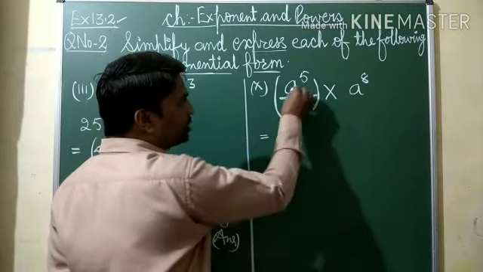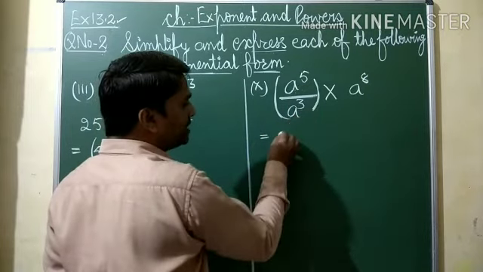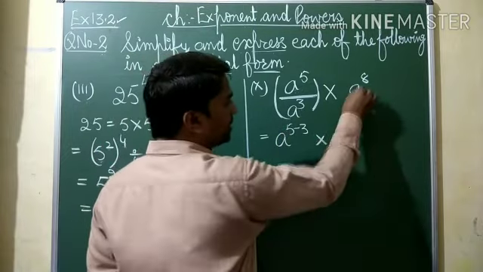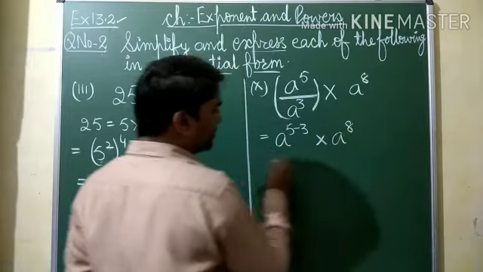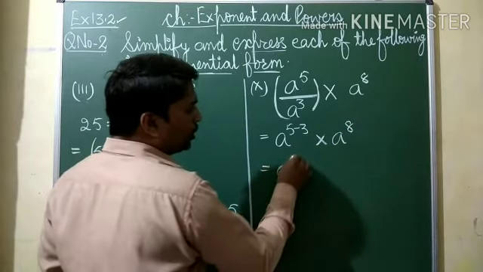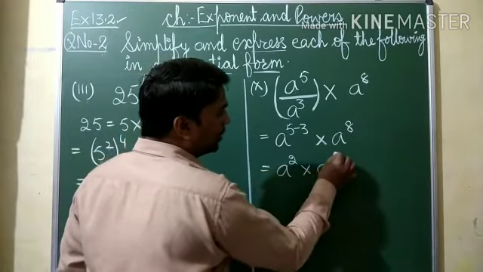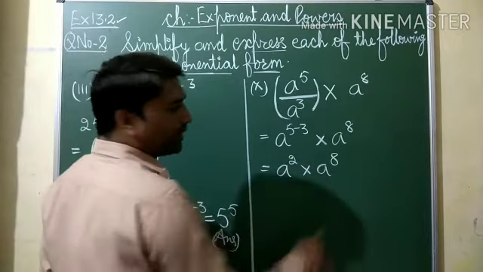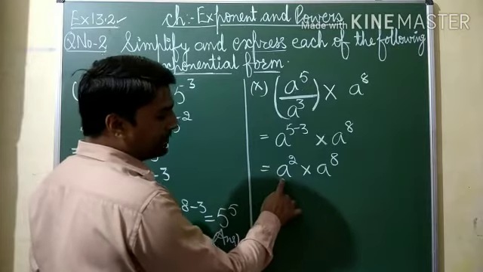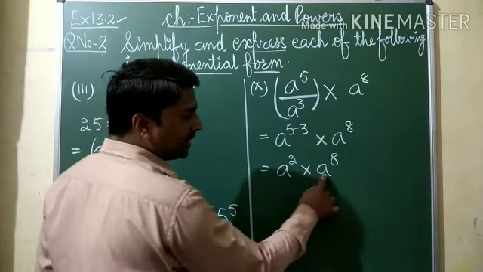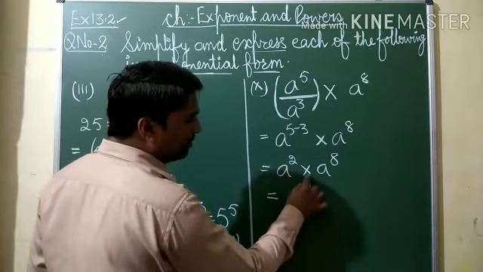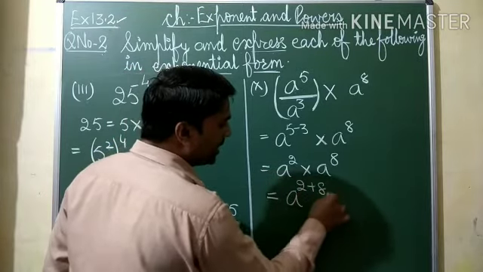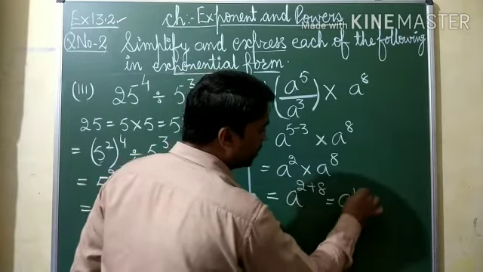So we get a raised to 5 minus 3 multiplied by a raised to 8, which is further equal to a raised to 2 multiplied by a raised to 8. Now again a raised to 2 multiplied by a raised to 8 is the case of multiplying powers with the same base a. So we get a raised to 2 plus 8, which is equal to a raised to 10.